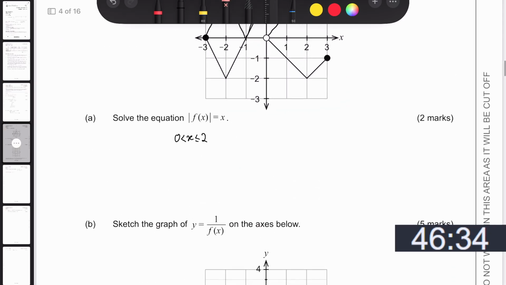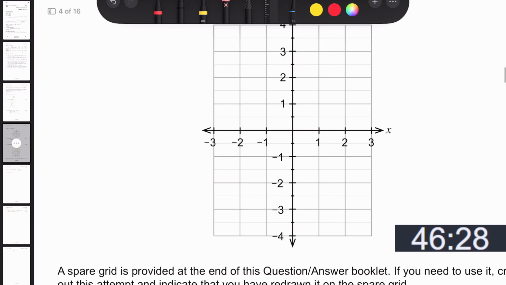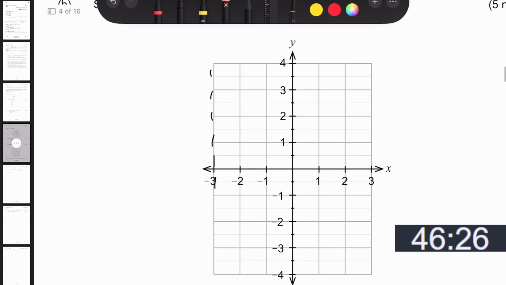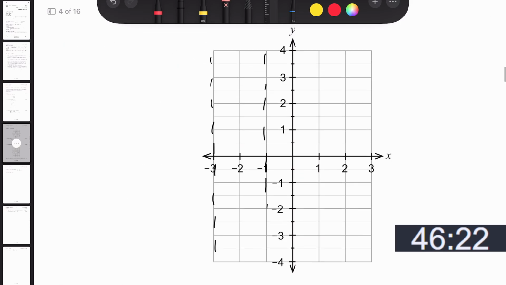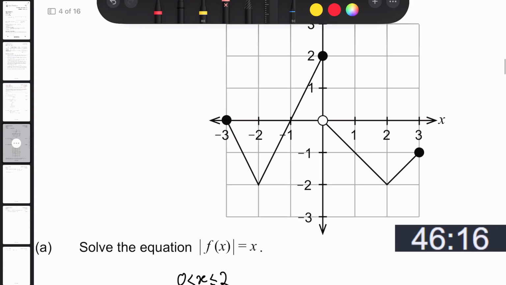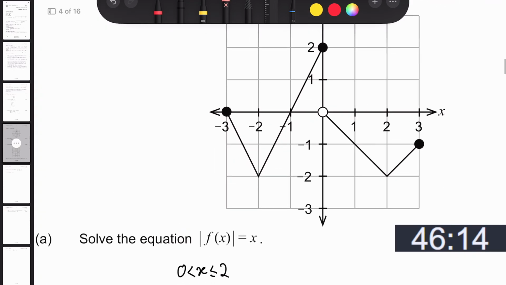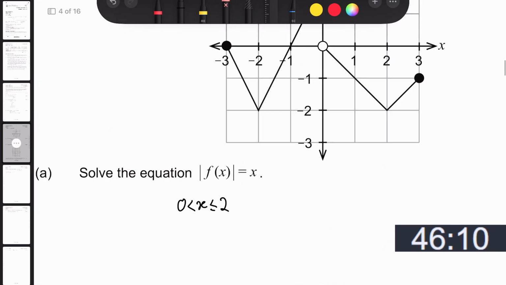Sketch the graph of 1 on f dash of x. Okay. So let's just take out 0. So we have 1 at negative 3. We have 1 at negative 1. And we have nothing else. So then, when are we at negative 1? So we're negative 1 at 2.5, so about here.